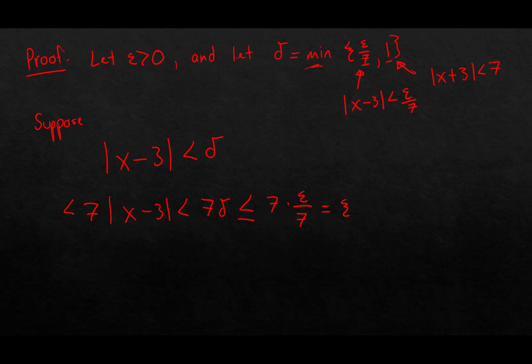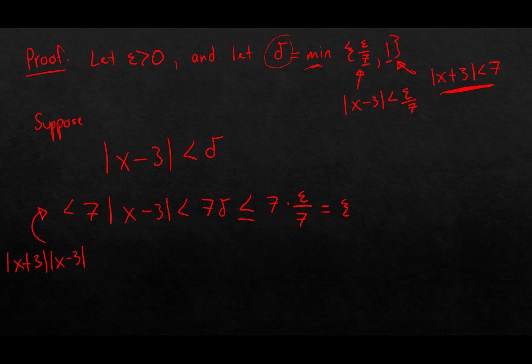Now on the other side, remember, because of how we're choosing delta here, 7 is greater than the distance between x and minus 3, that is, the absolute value of x plus 3. So on the left-hand side here, we can write that the absolute value of x plus 3 times x minus 3 is less than 7.